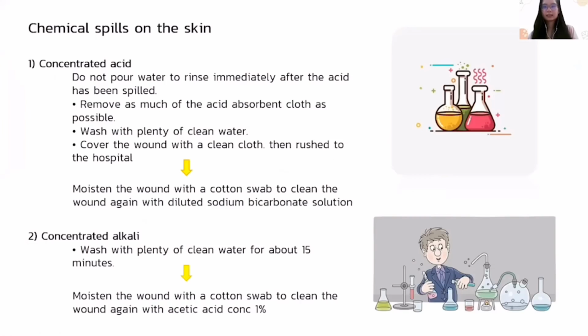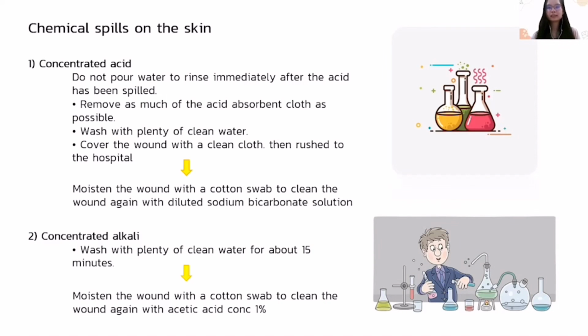Next is chemical spill on the skin. One is concentrated acid. Do not pour water to rinse immediately after the acid has been spilled. Remove as much of the acid-absorbent clothing as possible.